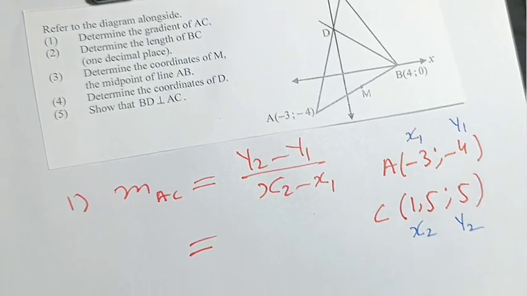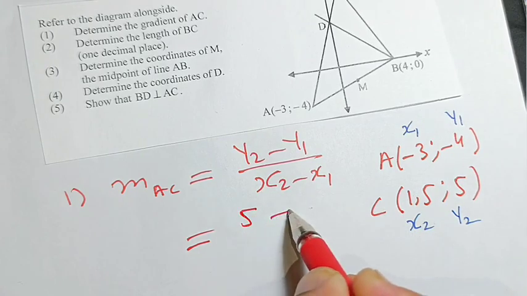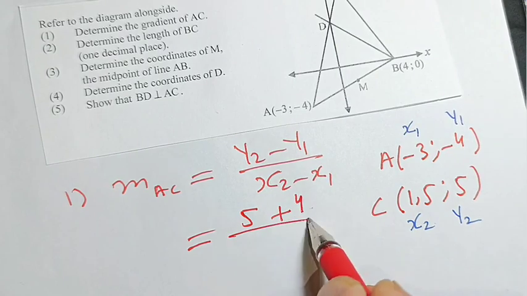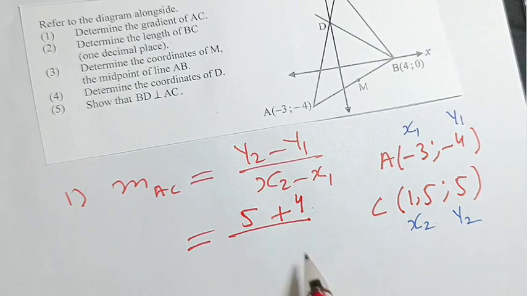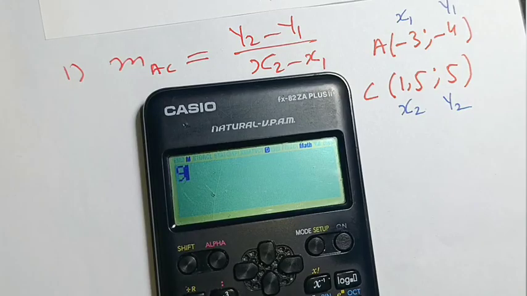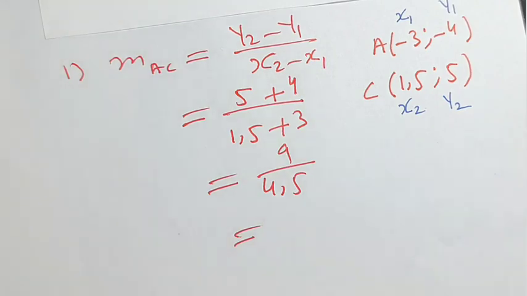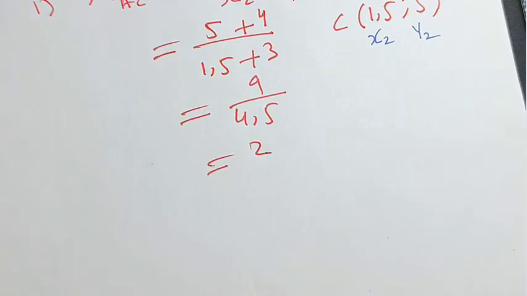I plug all these values into this formula: y2 minus y1, 5 minus minus 4 becomes positive 4, over x2 minus x1, 1.5 minus minus 3 becomes positive 3, so 9 over 4.5. Simplify, 9 divided by 4.5, the answer is 2. So the gradient of AC is 2.